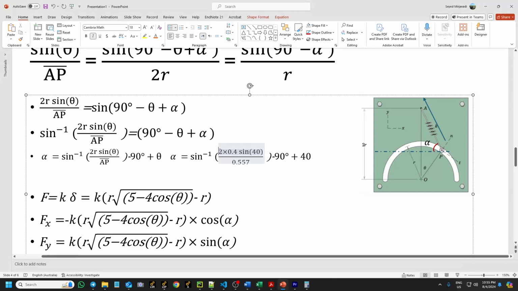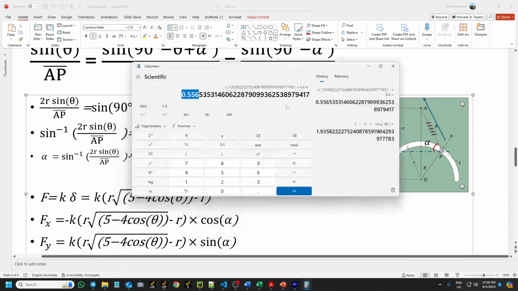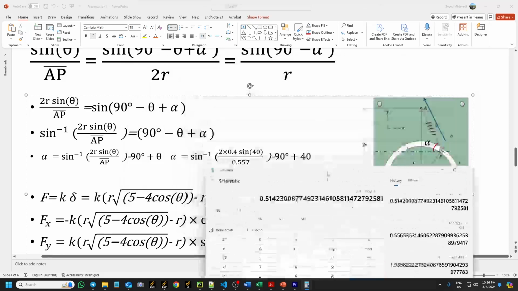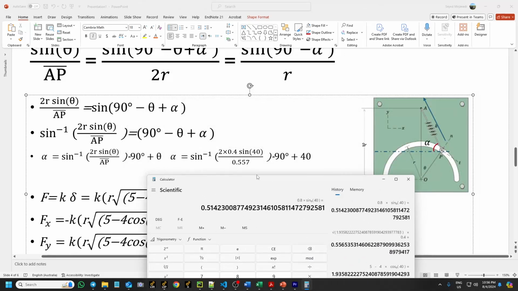For obtaining this part, first obtain 2 times 0.4, which is 0.8. Then 0.8 times sine 40, divided by 0.557.